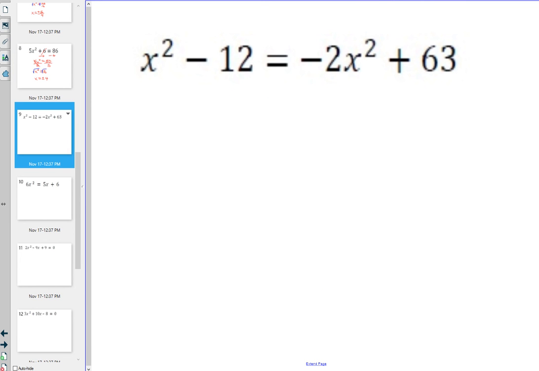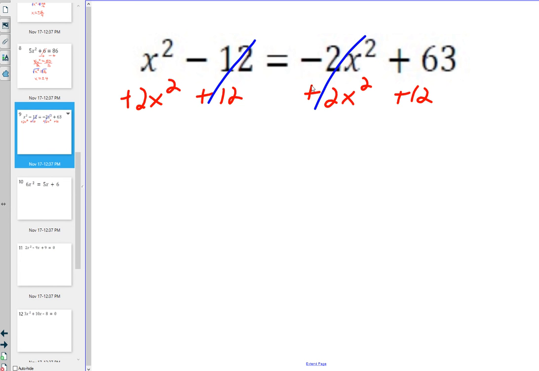How many x's do we have here? Well, it looks that way, but we really only have one because they both have a square. So once I put them on the same side, we can use square root property. This becomes 3x squared is equal to 75, divided by 3.